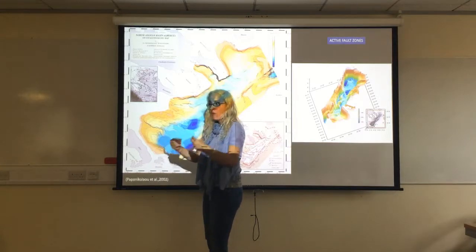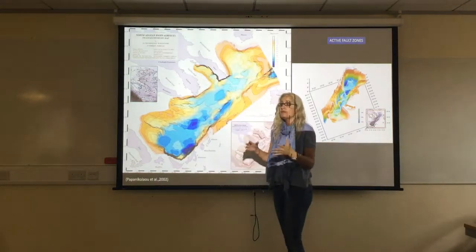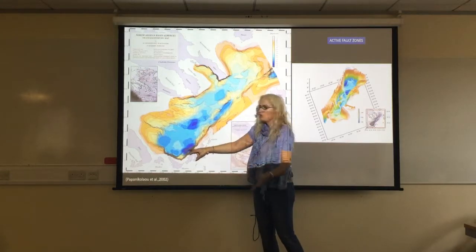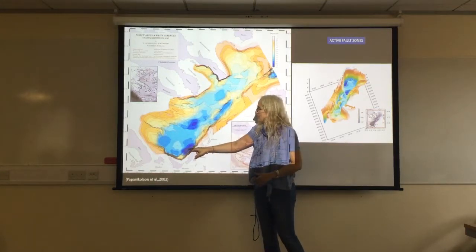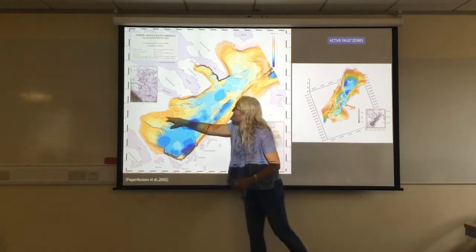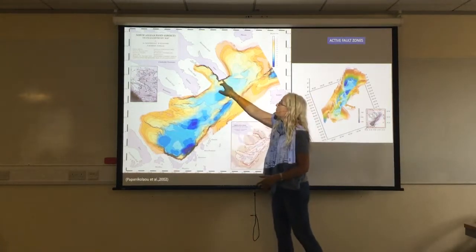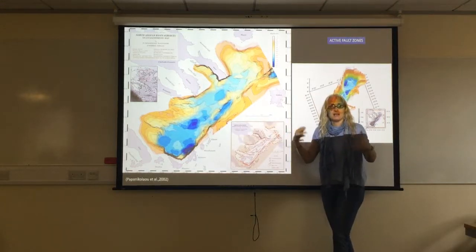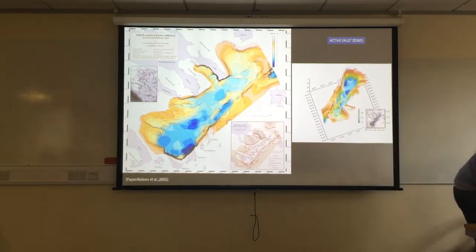These are basins with a depth of almost 2,000 meters, 1,900. And these are some small canyons. Around this is also a fault zone. This is a continental shelf. You can play with the colors and the seafloor topography.